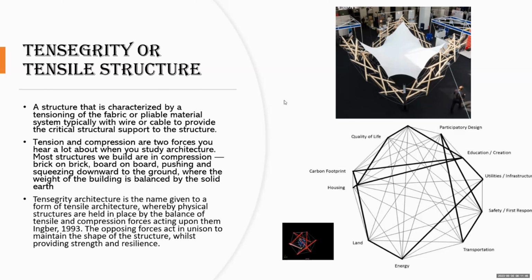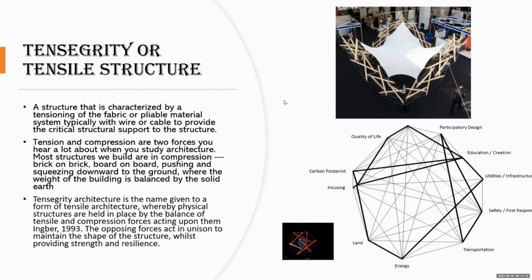Tensegrity architecture is the name given to a form of tensile architecture, whereby physical structures are held in place by the balance of tension and compression forces acting upon them. Egbert, 1993: the opposite forces act in union to maintain the shape of the structure.